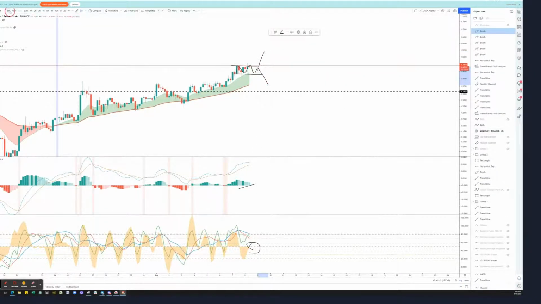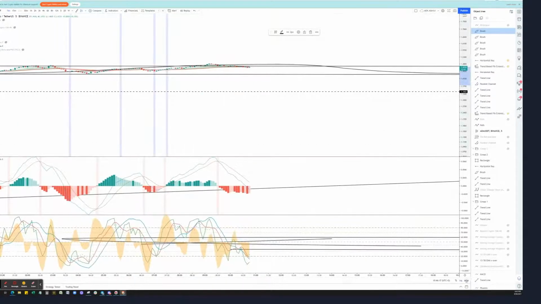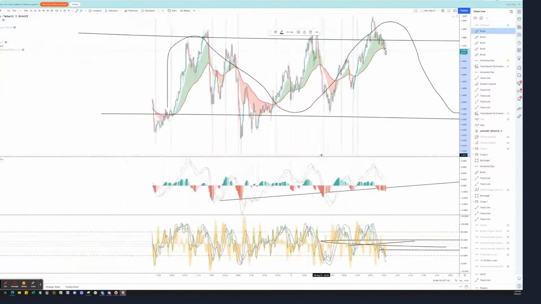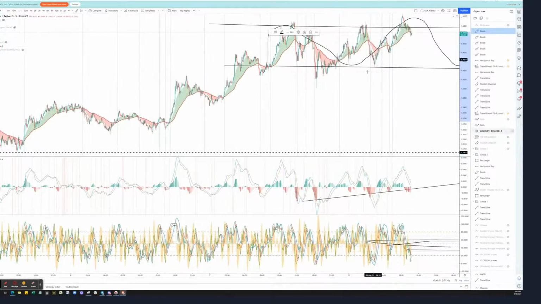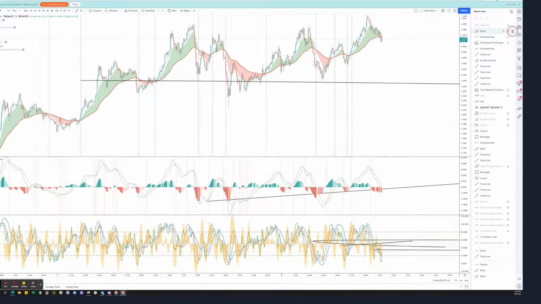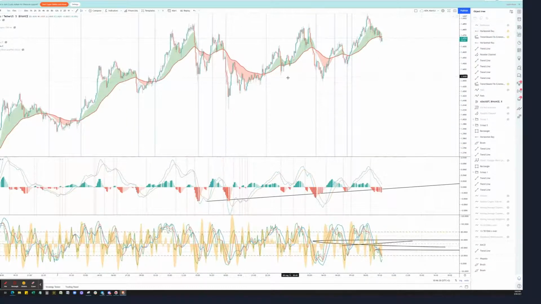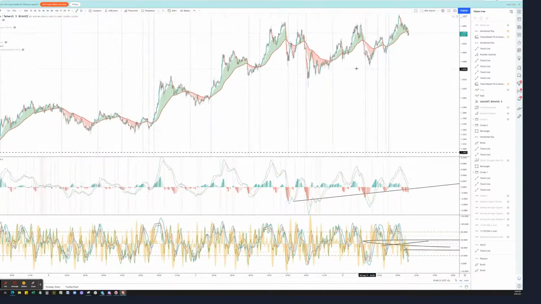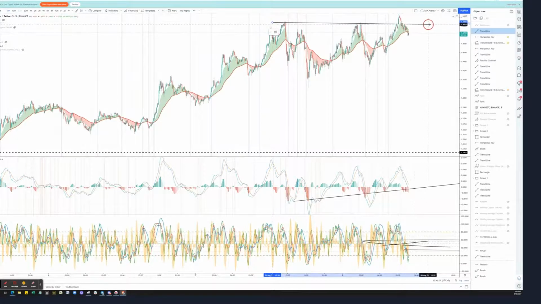And if we look at a 5-minute chart, let's see if there's anything bullish. Okay, whoops, I should have done that. So we have, yeah, you can see that's like a triangle, ascending triangle really.